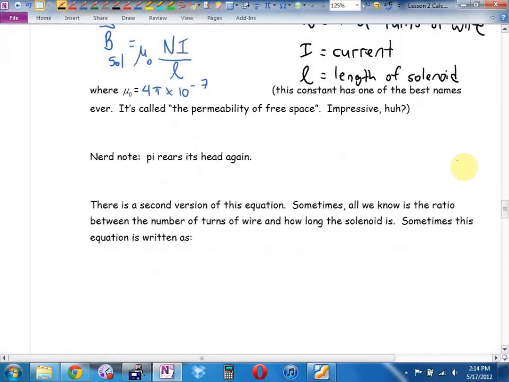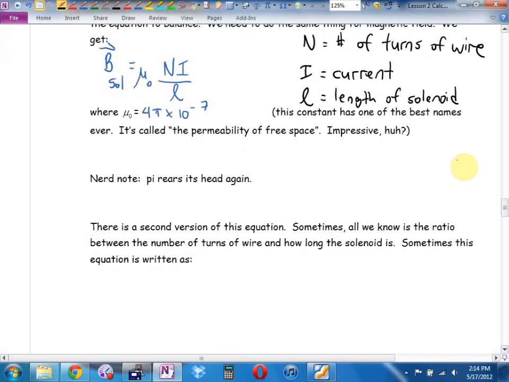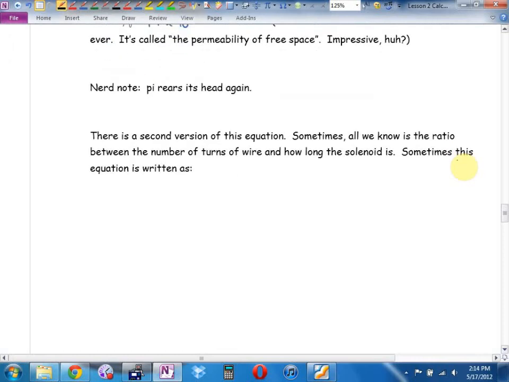There is a second version of this equation. Sometimes all we know is the ratio between the number of turns of wire and how long the solenoid is. In other words, if your wire has 5,000 turns and it's 5 centimeters long, they might just say it's got 1,000 turns per meter. Okay.